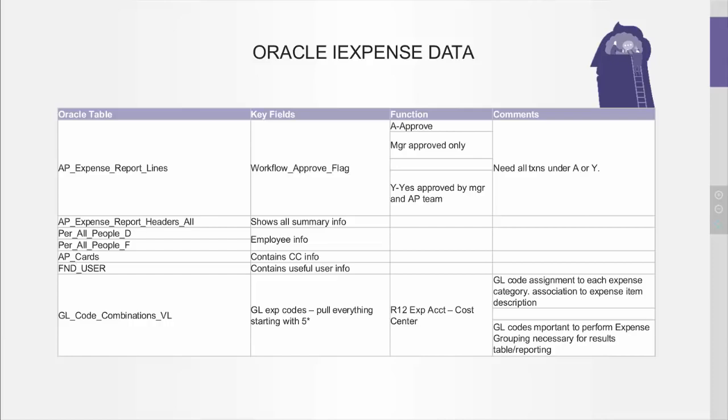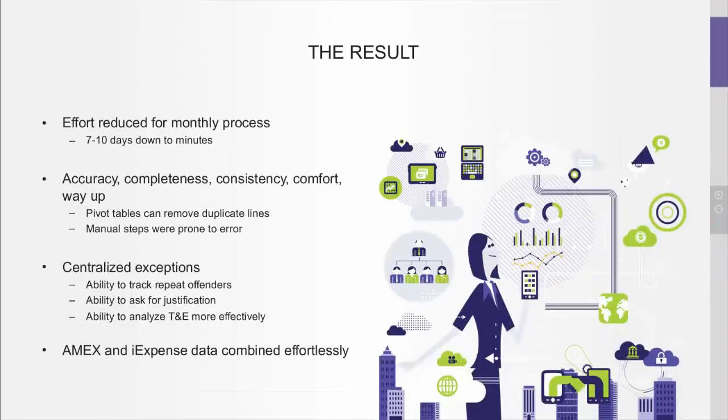And then we also had some key fields that we wanted to filter out or include that's also here as well. So we pull the data down directly from Oracle iExpense using ODBC, so that there's no need for you to make any sort of intervention like downloading reports or anything like that, right, Luana? That's correct, yeah. I don't have to do any of that anymore. Great.